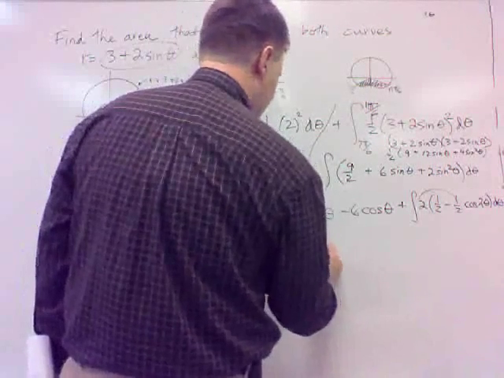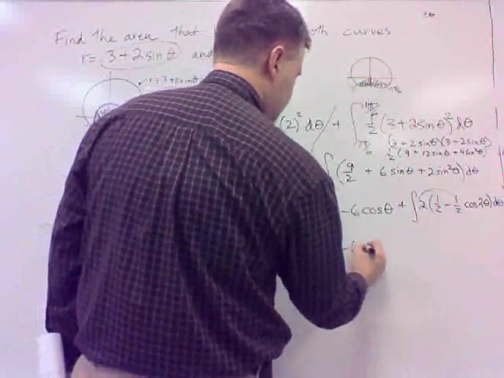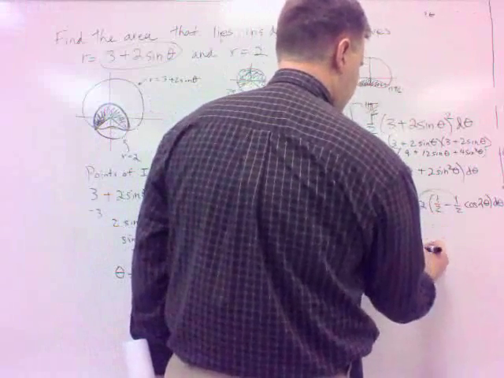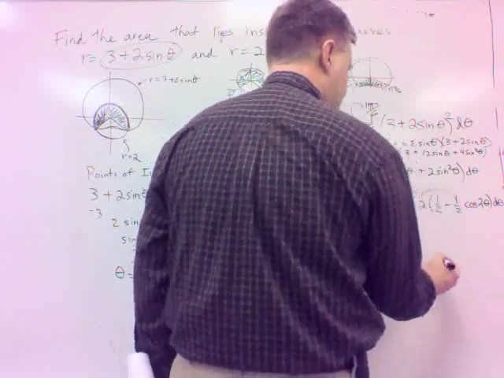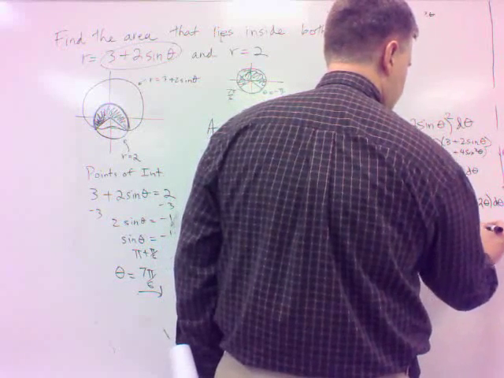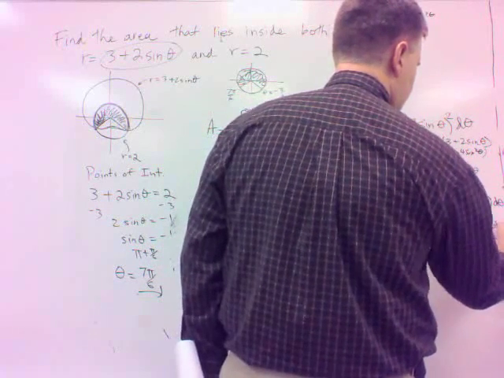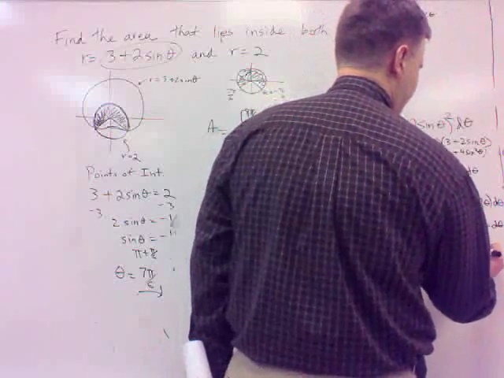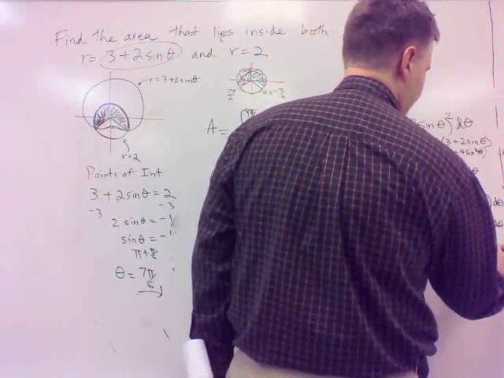Okay, so then this is 9/2 theta minus 6 cosine theta, and then that's 1, so the integral will be 1 theta, and then that's just minus the integral of cosine 2 theta, with substitution u equals 2 theta, du over 2.